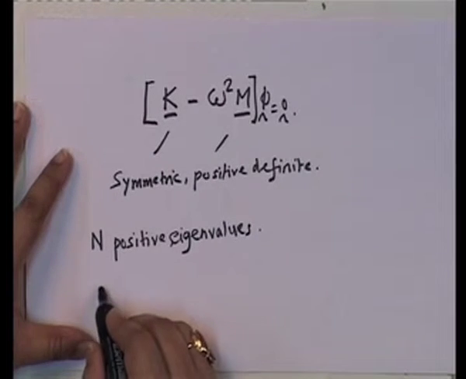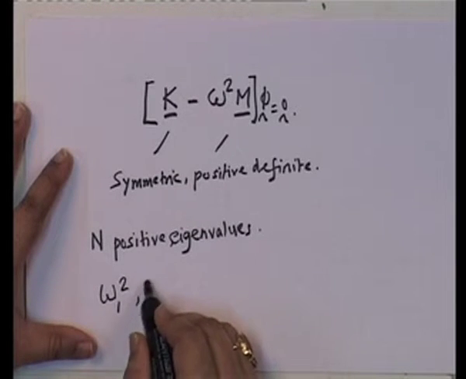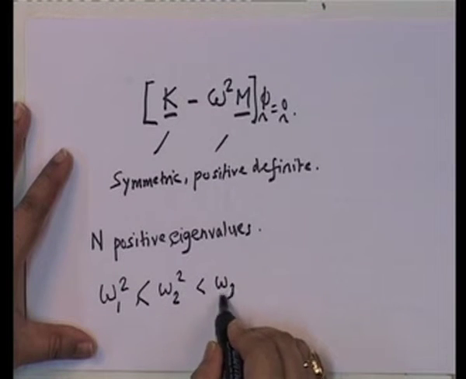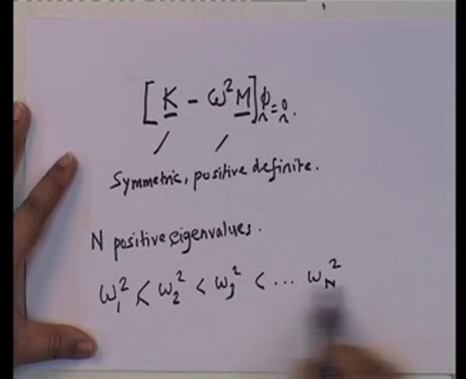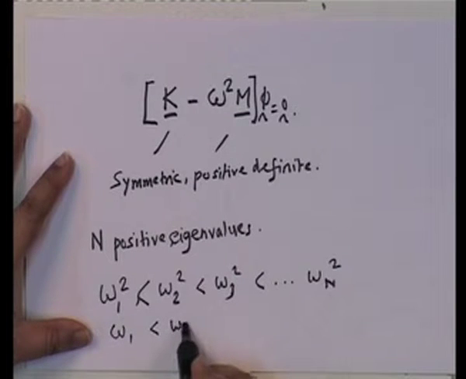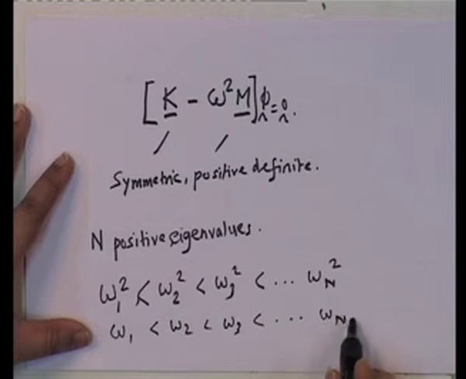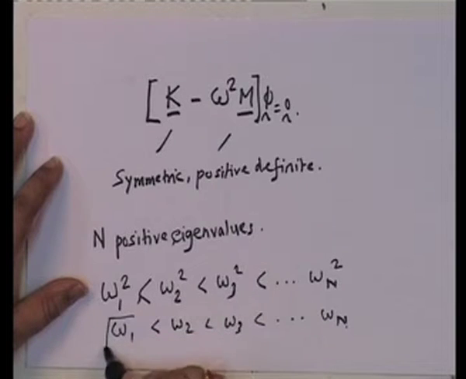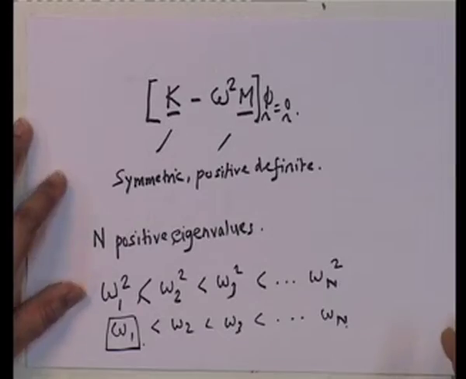values. And so, these are given as omega 1 squared, which is, as I said, of course, when I put this, it automatically means that these are the eigen values and the natural frequencies are ordered. Okay. So, this is the lowest frequency.